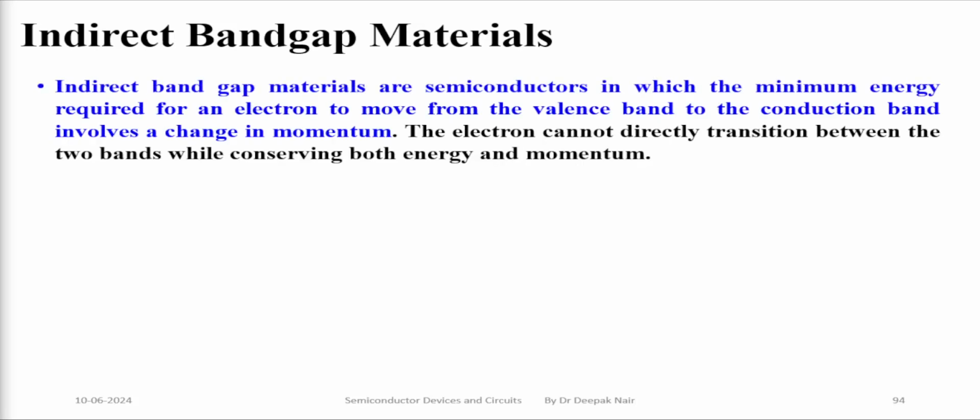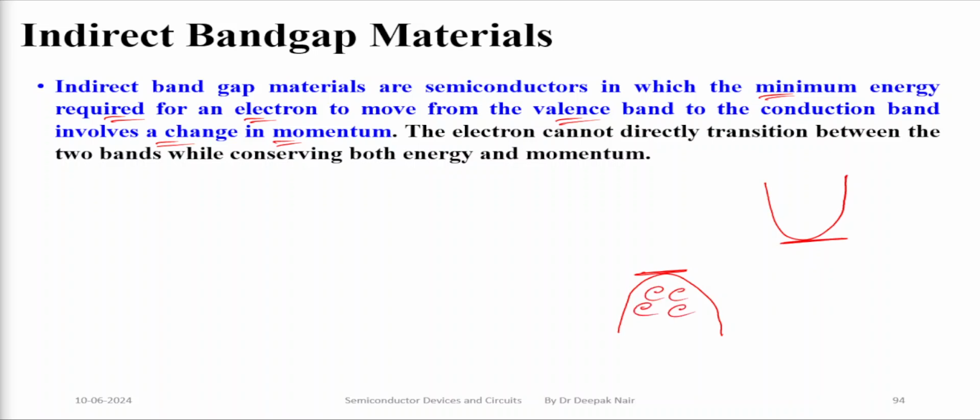Okay. Now coming to the indirect bandgap materials. So in case of indirect bandgap materials, the minimum energy required for an electron to move from valence band to conduction band involves a change in momentum. Of course, you can remember, if suppose this is our valence band and here we have the conduction band, then you do not directly jump from valence band to the conduction band.